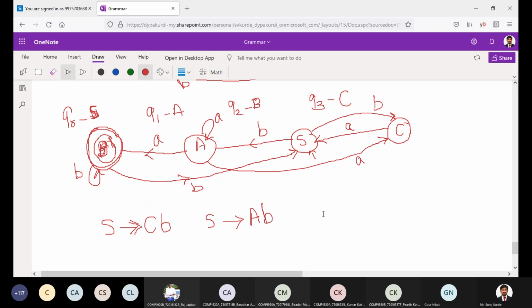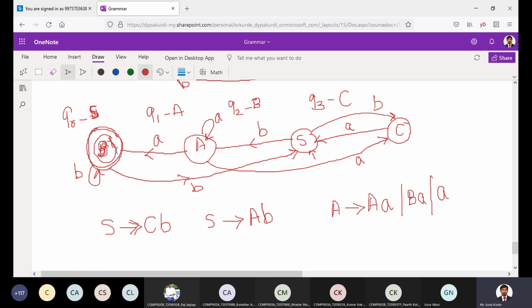Then A to A on input A. B to A on input A. It is B. A to B on A, or it is A because B is a final state.